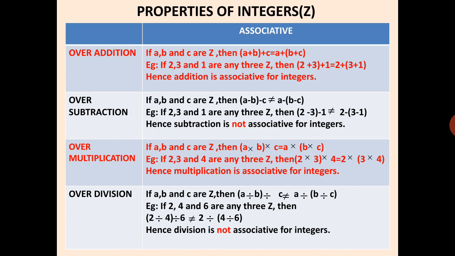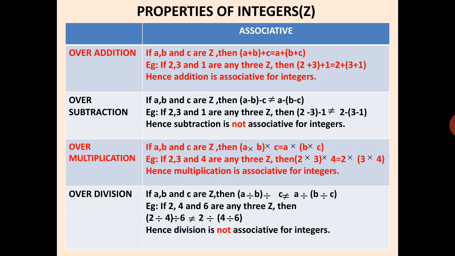It is 3 plus 1, 4, plus 2, that is 6. And you know that on both the sides you are getting the answer as 6 only. So you will say that associative property holds true for addition, or you can say addition is associative for integers.